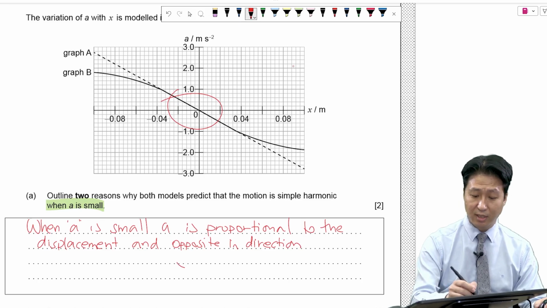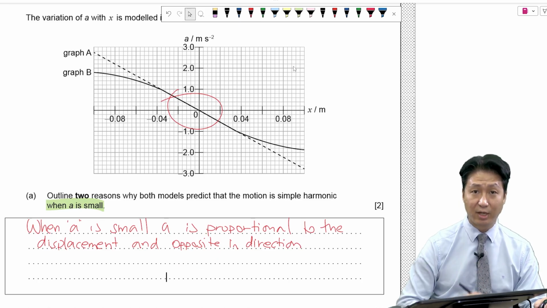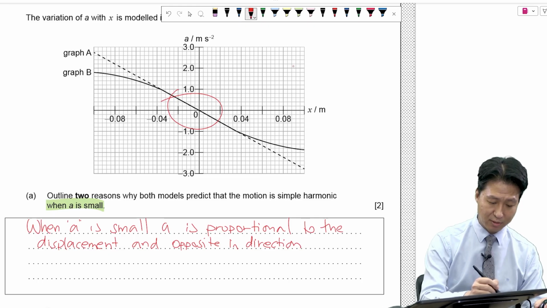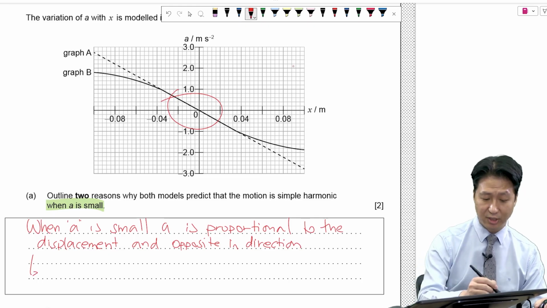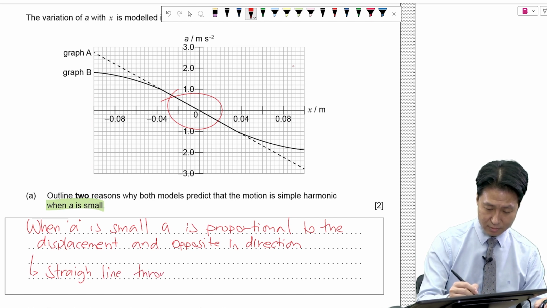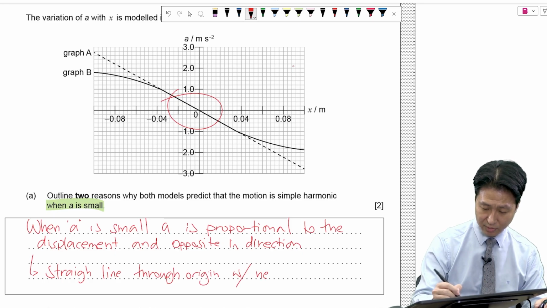You can also say either negative, or it has a negative slope, and it's a straight line. So let's also add the alternatives. Straight line through origin and with negative slope.